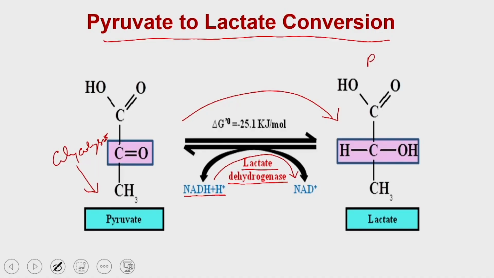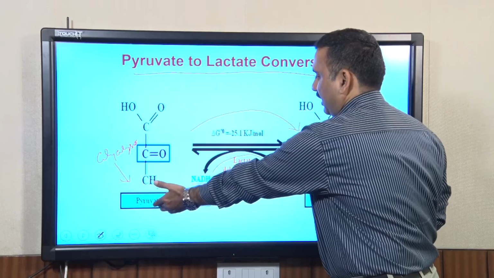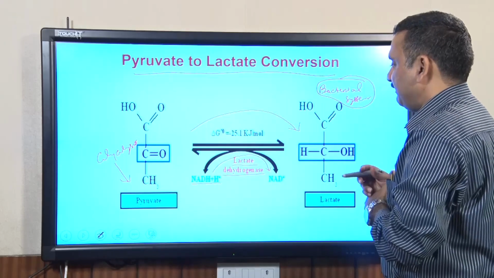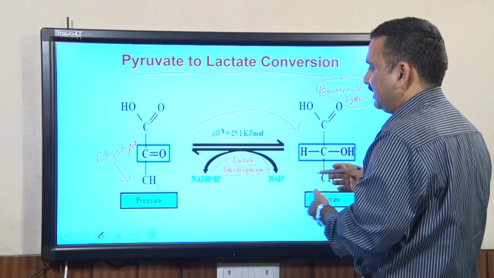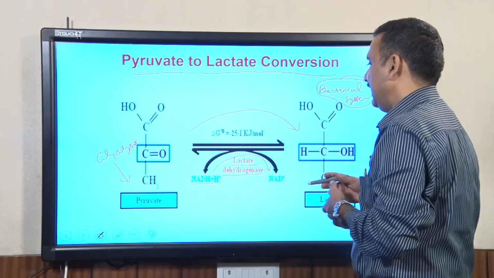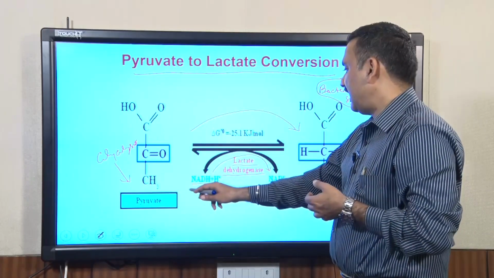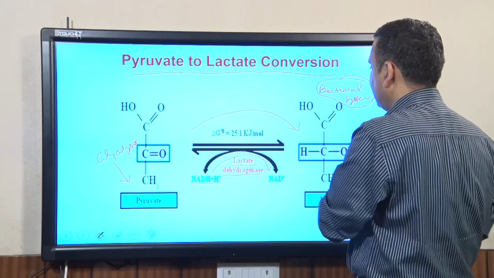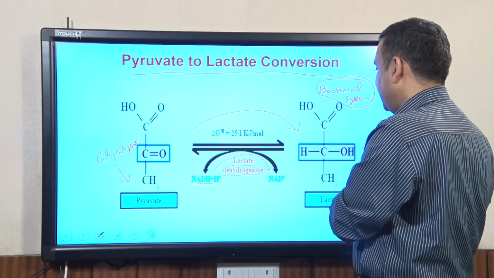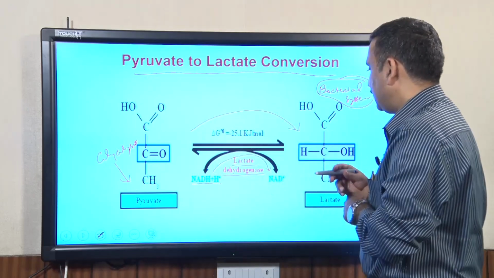In the bacterial system, when the bacteria are growing under anaerobic conditions, they cannot utilize the pyruvate in the downstream metabolic pathways, and once the pyruvate accumulates in the cell, that drives these reactions, and the pyruvate is converted into lactic acid by lactate dehydrogenase.